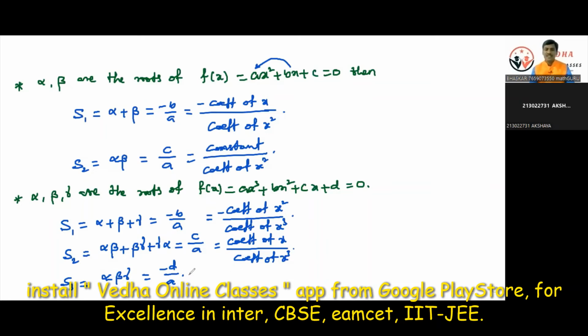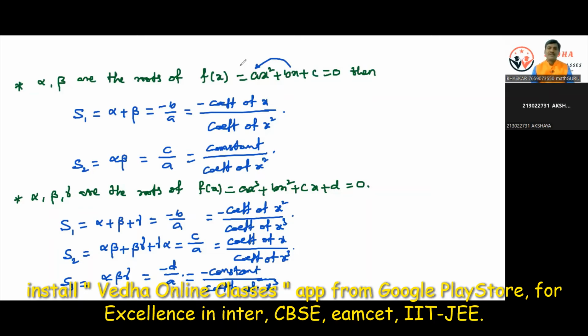Next, minus d by a. What is d here? The constant. Constant divided by a, where a is the coefficient of x cube. This is S3.